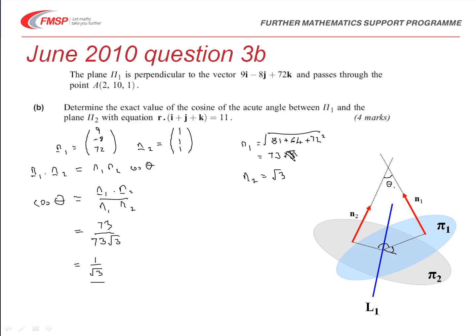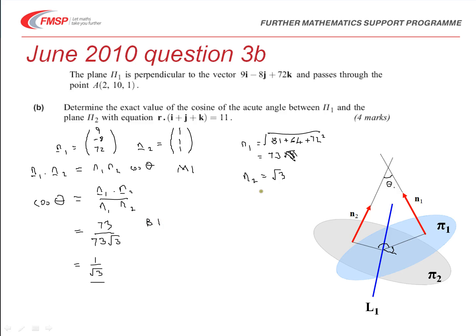Well, as to where the marks go, we can see that there are 4 marks for this part. So a method mark for knowing how to find the cosine of an angle from the scalar product, or obtaining the 73 on the top from the scalar product, calculating that part, you get 1 mark.